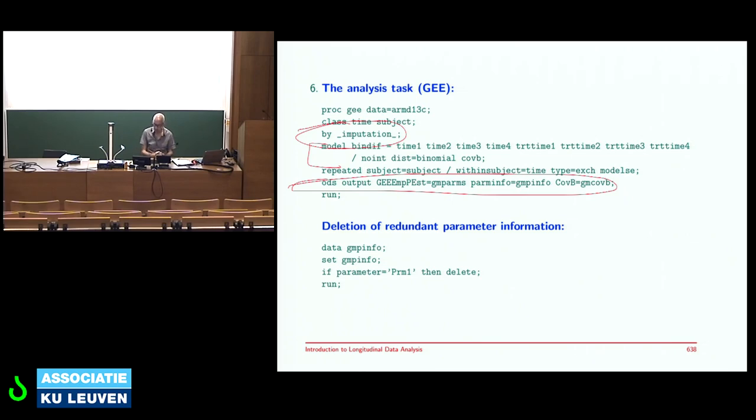So it may well happen, for example, that you have an intercept that's not used because there is no intercept here. Well, in one part of the output, that parameter may be there, the intercept, with a period, and it's clear to me and to you that it's missing. But in another part, it may simply not be present, and then the matching up is not possible. So usually what we see is the imputation works well, the analysis task works well, and then proc MIANALYZE doesn't work.